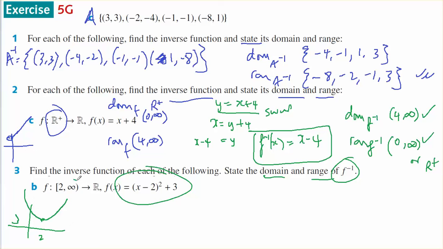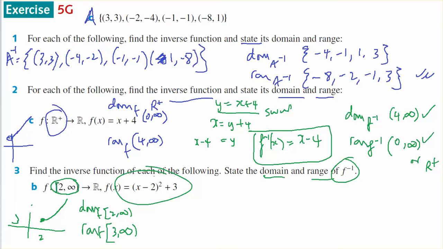However, this has a restricted domain of 2 to infinity, so I'm going to get rid of this half. So my original starts here, square bracket, because that's a square bracket, so that's inclusive. So the domain is 2 to infinity, so the range of f will be 3 to infinity.